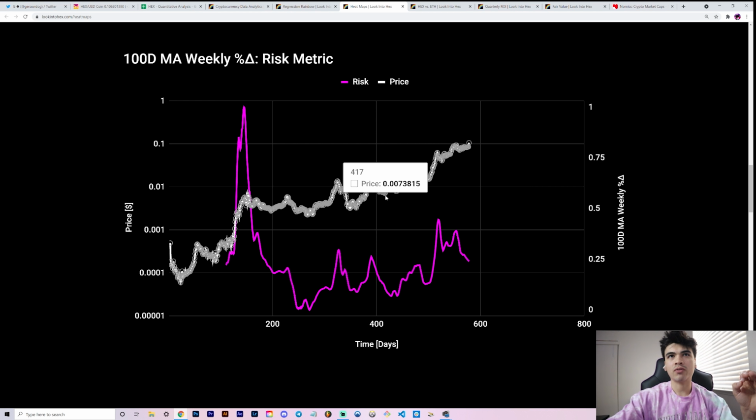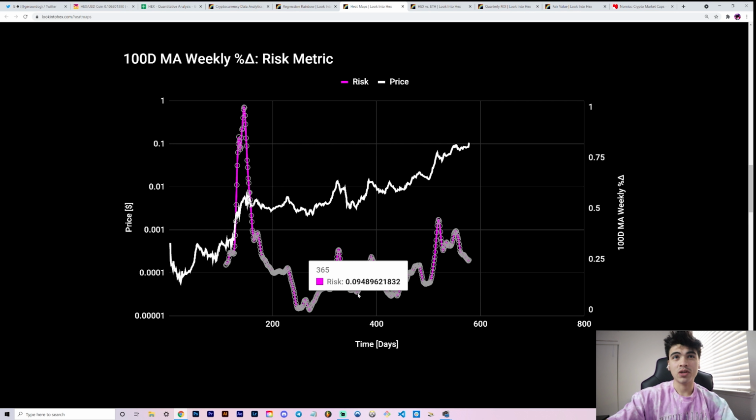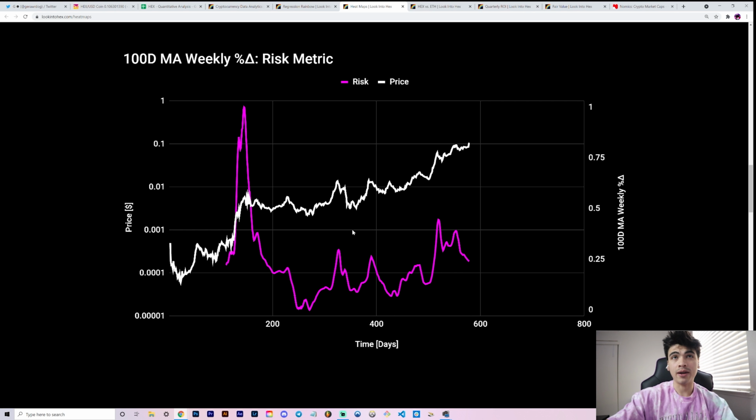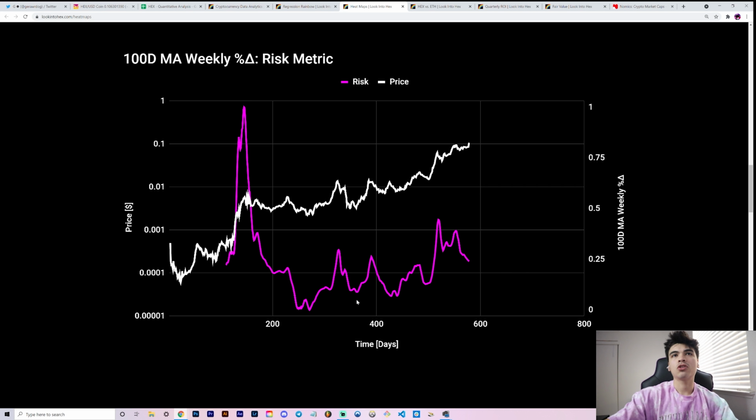If you look at over here, day 417 or so, on the big payday dump, this big payday dip, when price reached the third of a penny, fifth of a penny regions, we saw our risk metric go down to about 0.1. However, when we saw our higher low here of 0.007, we actually saw a lower low on our risk metric of about 0.07, right? So you could call this a hidden bullish divergence on the risk metric.